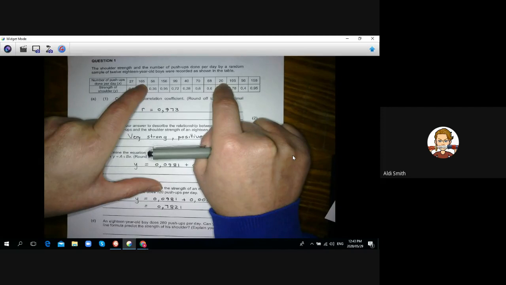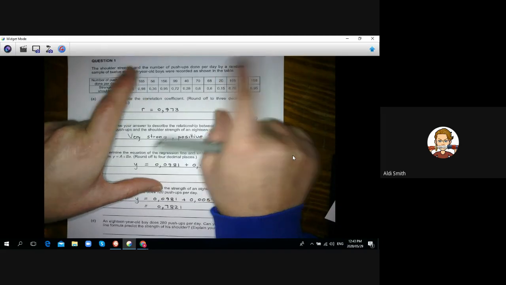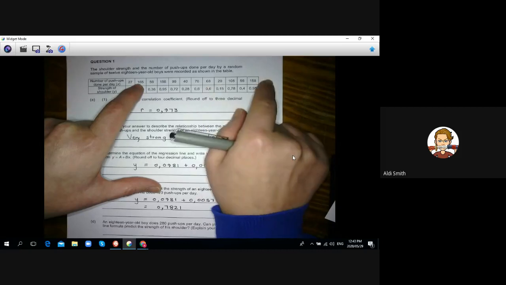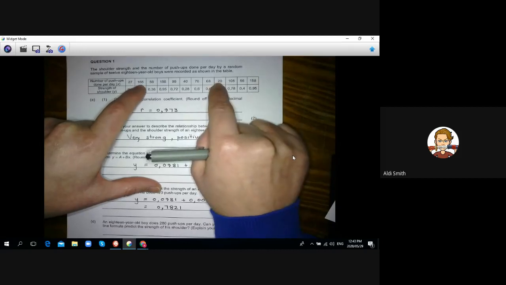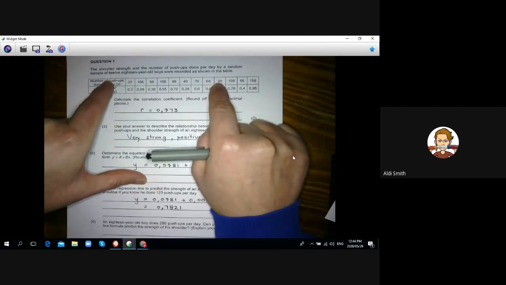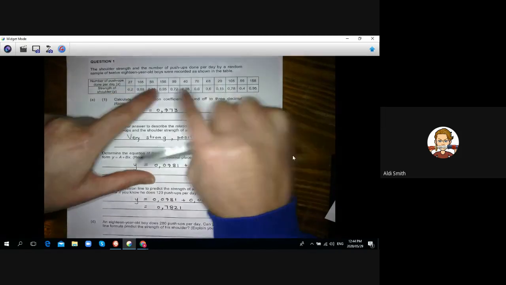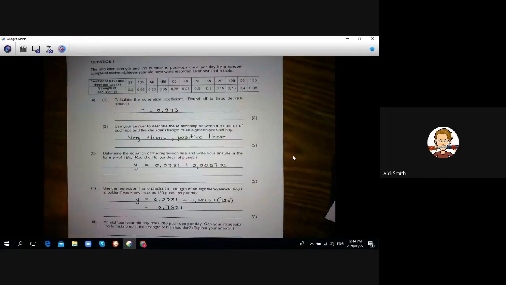But if I substitute an x value into that regression line that lies outside, in other words, smaller than 20, like 10, or a value greater than 165, like 200, so values that don't lie within that domain, we call that extrapolation.